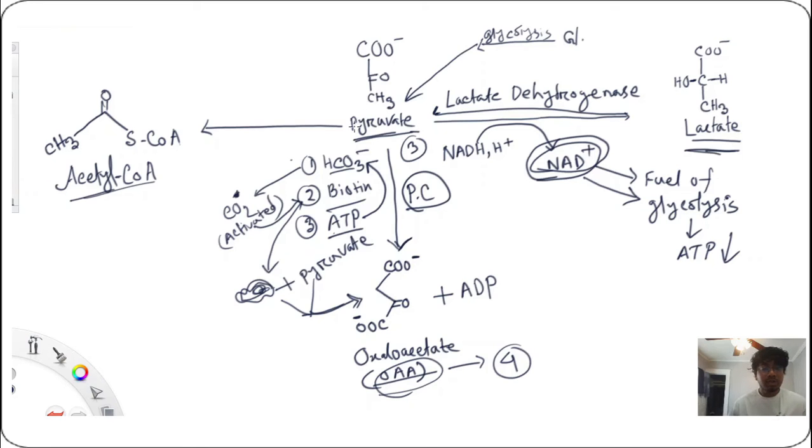And also in that case, pyruvate to acetyl-CoA. Here you can see that pyruvate has 3 carbons and acetyl-CoA has 2 carbons. So you need pyruvate decarboxylation, or you need to eliminate that carbon dioxide.